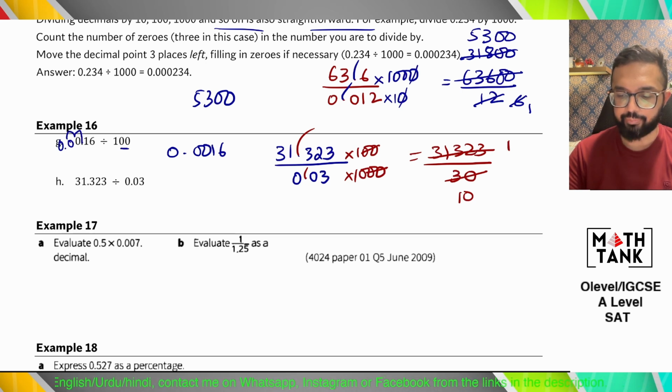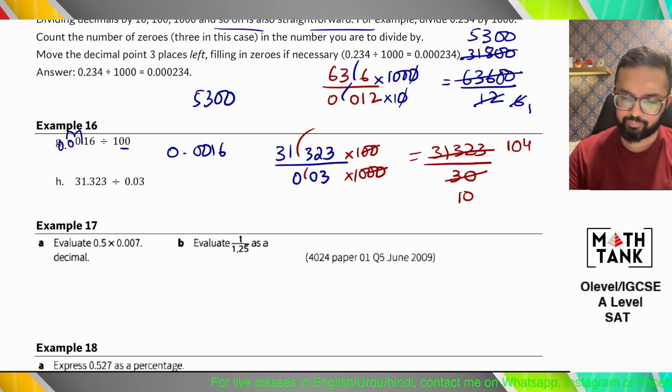3 times 1. Okay. 3 times 4. I'll need a 0 because 1 doesn't divide with 3. So 4, and then 4 is 12, then 4 times and divide by 10.